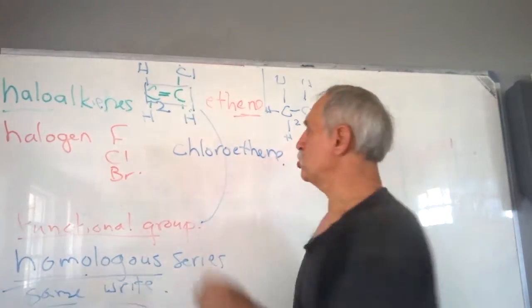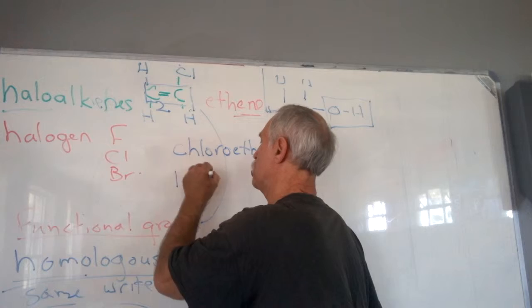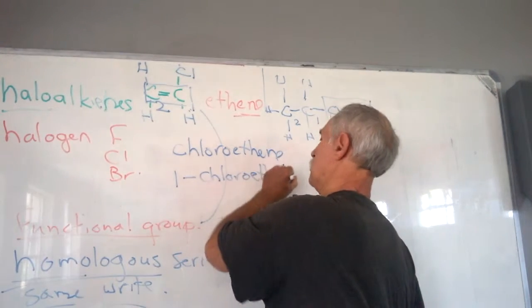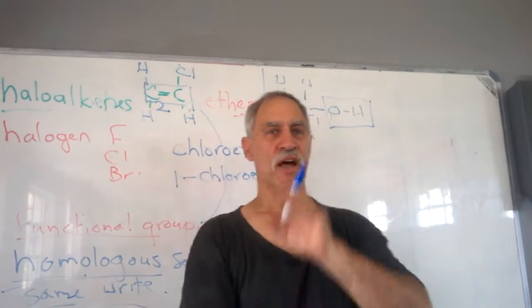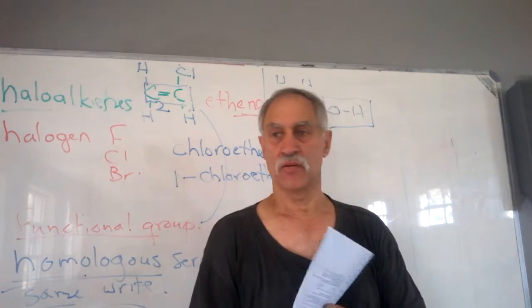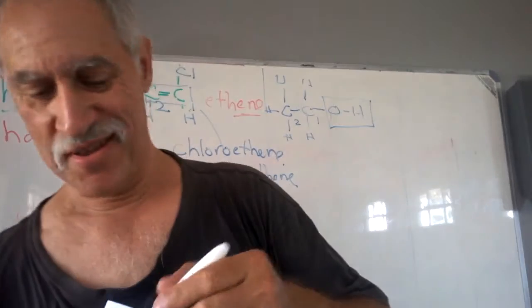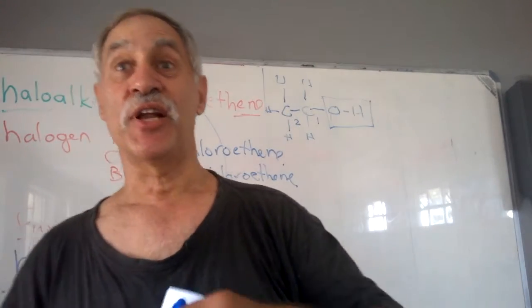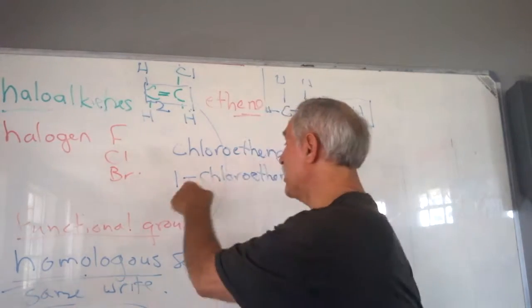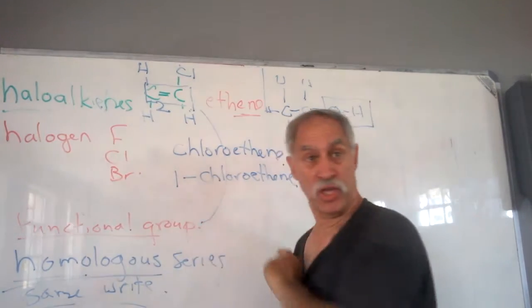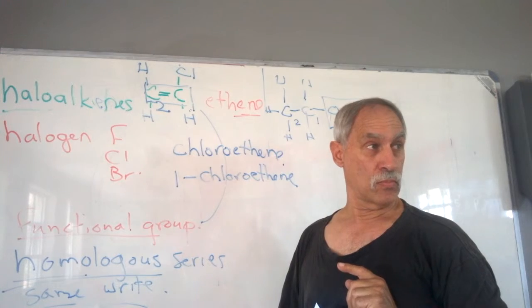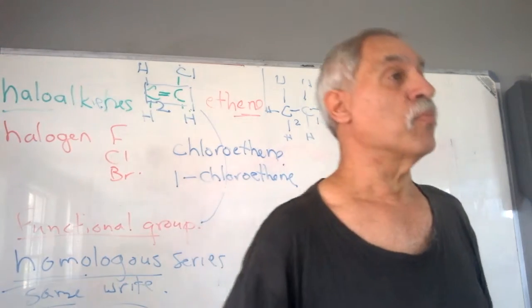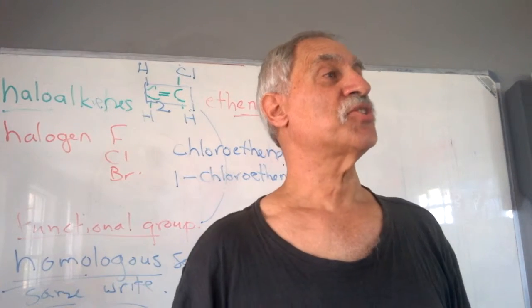I could also call it 1-chloroethene. Now they are very persnickety, actually. If you get one thing wrong, they're not going to give you a mark. So let's get this right, guys. It's 1-chloroethene. That is its molecular name.